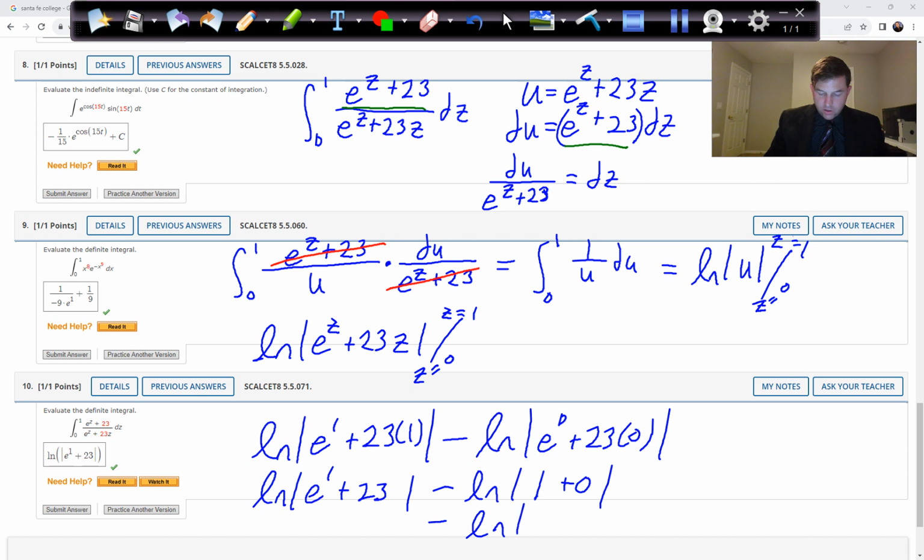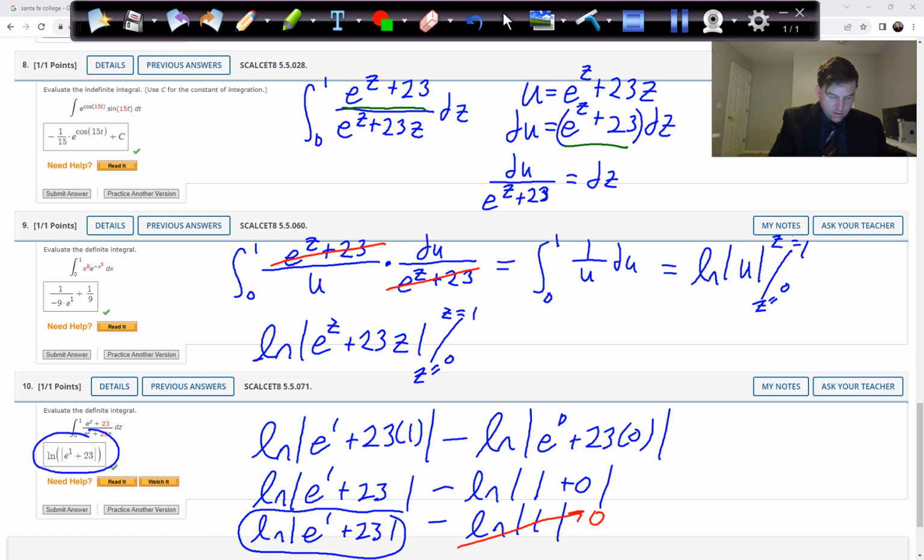Well, this would be natural log of 1. And you can try this on your calculator. The natural log of 1 is 0. So that whole right side collapses into 0. So the final answer is just this part, natural log absolute value e to the 1 plus 23.